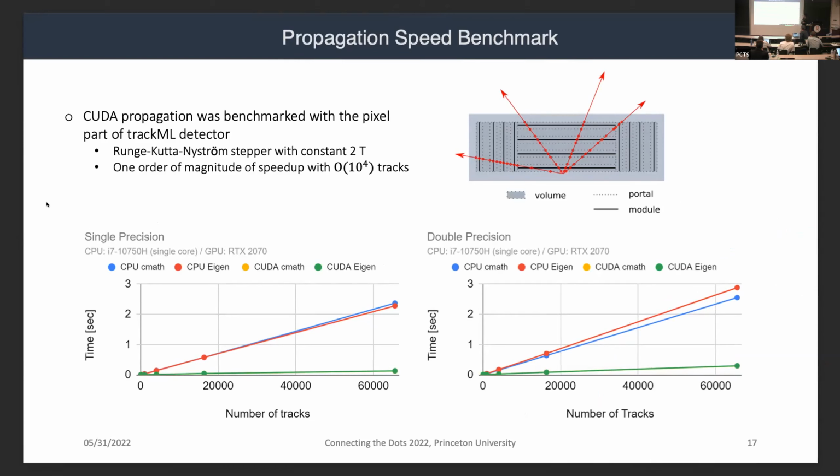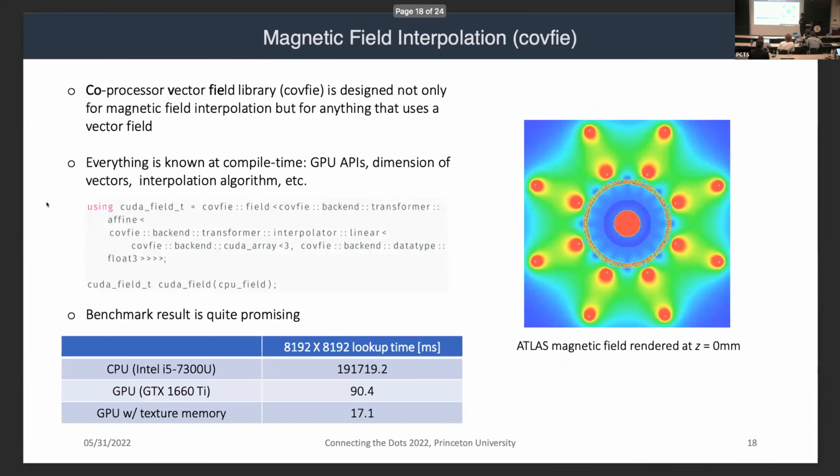For example, for the single precision, we got about one order of magnitude speed up for 10,000 tracks. And for the double precision, it's not as good as the single precision, but it's still not bad, which is close to one order of magnitude.